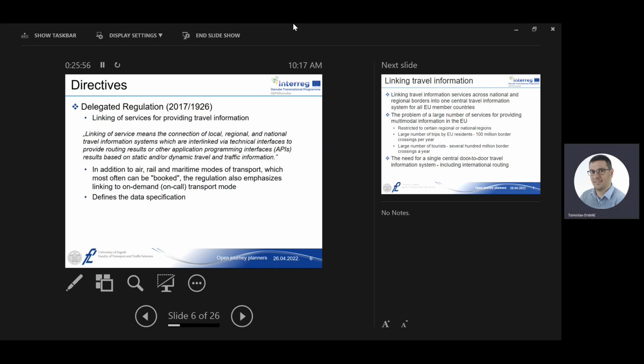The way to do that is you cannot change, for example, the policy of some company. Some company that does only routing in Croatia has its own rules. You cannot force all of the companies in the EU that do the journey planning to, let's say, have some format of data, have a unique structure of the timetable and something like that, because you cannot do that, because people are stubborn.